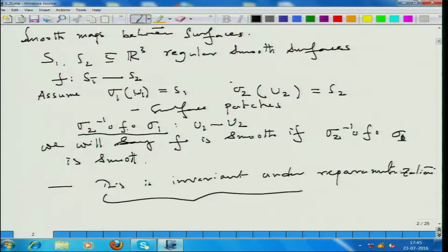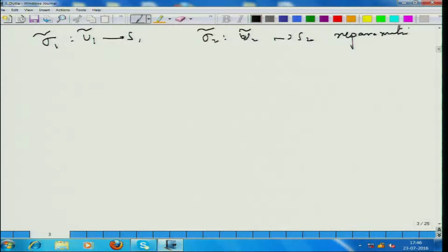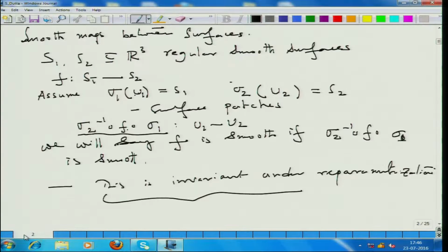To illustrate this point, maybe we will look at sigma 1 from U1 to S1, sigma 2 from U2 to S2, sigma 1 tilde, sigma 2 tilde, U1 tilde, U2 tilde, reparameterization of whatever we have done in the earlier page.